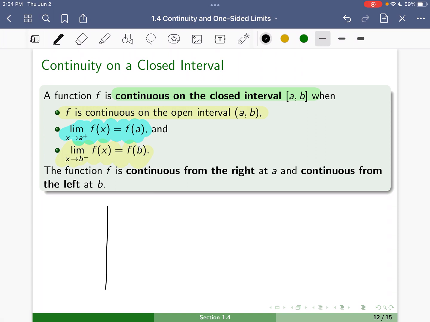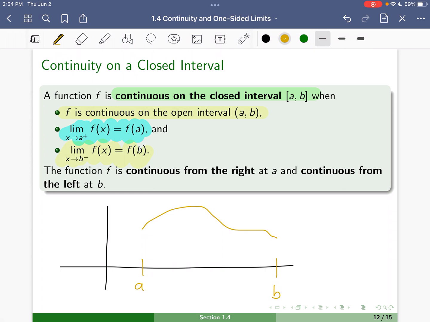The idea there is we can have a graph, if this is a and this is b. In the middle, you need to have continuity in the open interval from a to b.